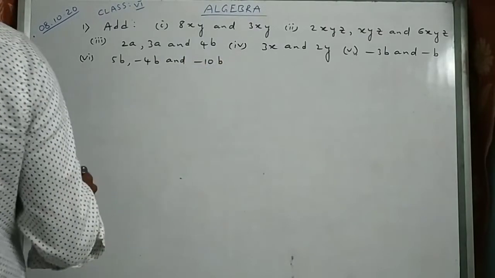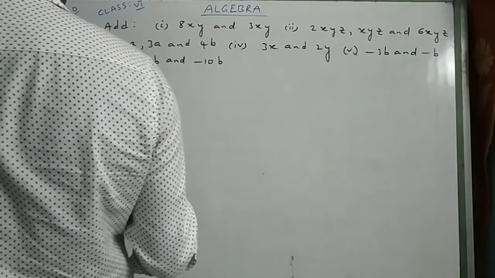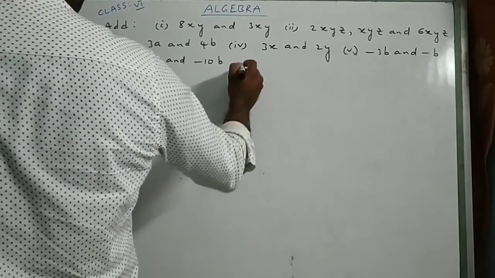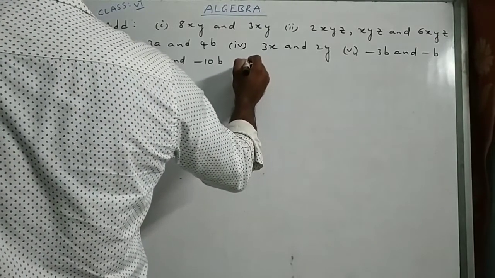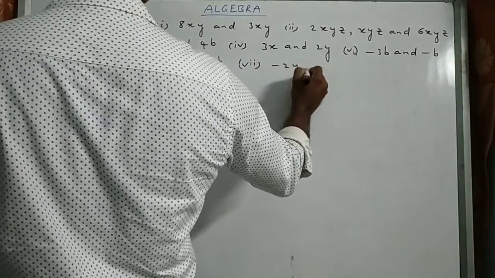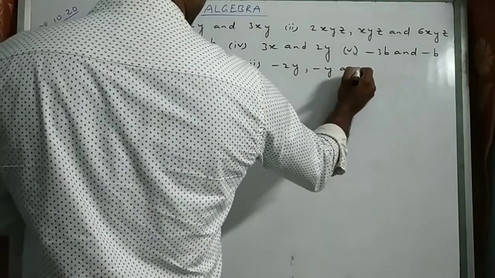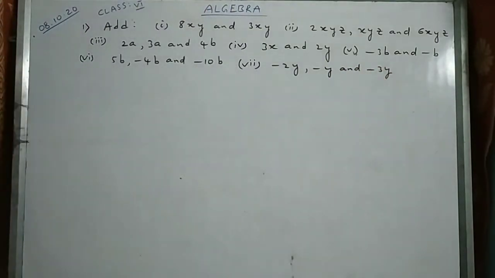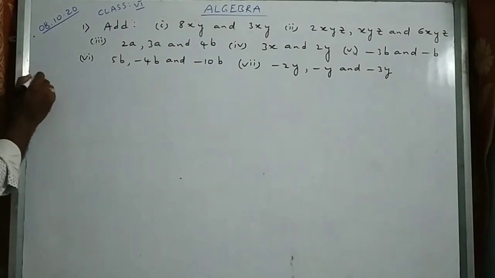Okay? Seventh one: minus 2y, minus y and minus 3y.